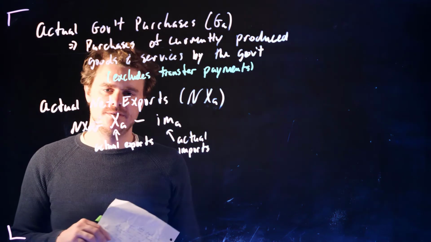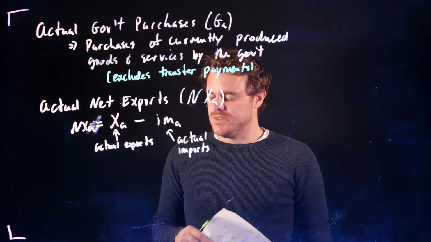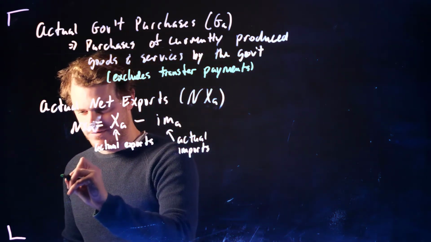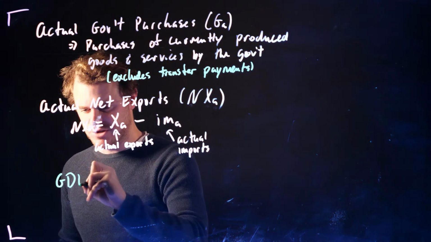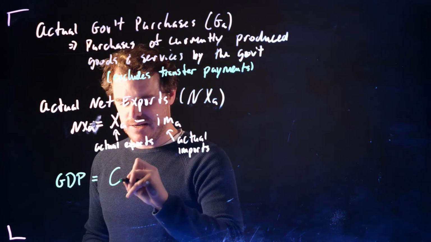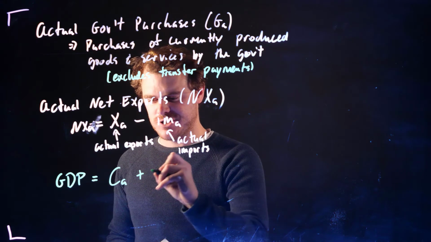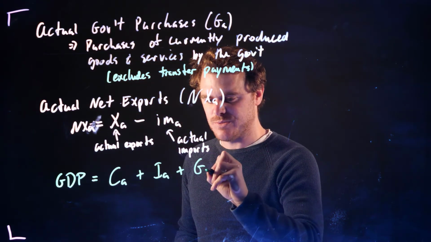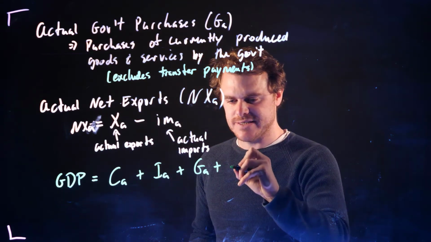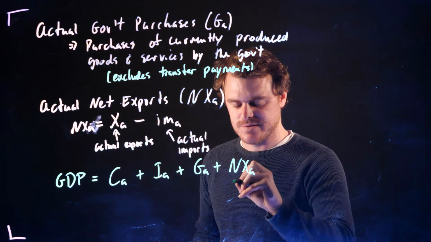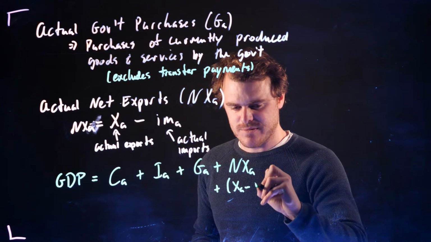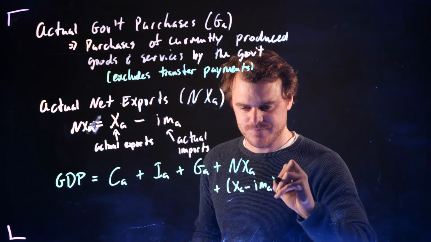So taken together, we have this equation for GDP: actual GDP is actual consumption expenditure plus actual investment expenditure plus actual government purchases plus actual net exports, which is exports minus imports.